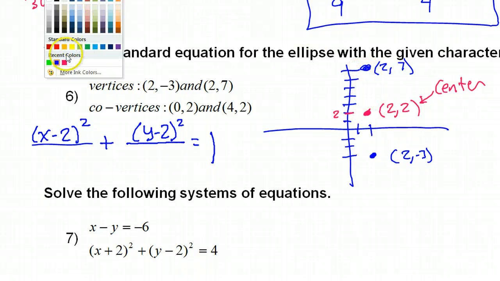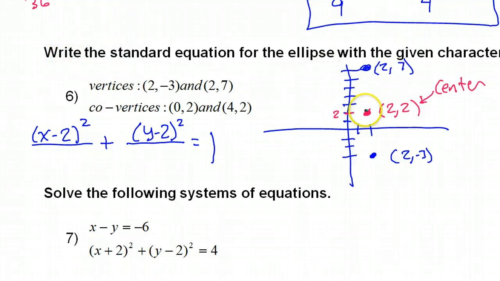So from here to here, that's from 2 to 7. That gives me an a value of 5. All right, from 7 minus 2 is 5. So a is 5, which means that a squared is 25.